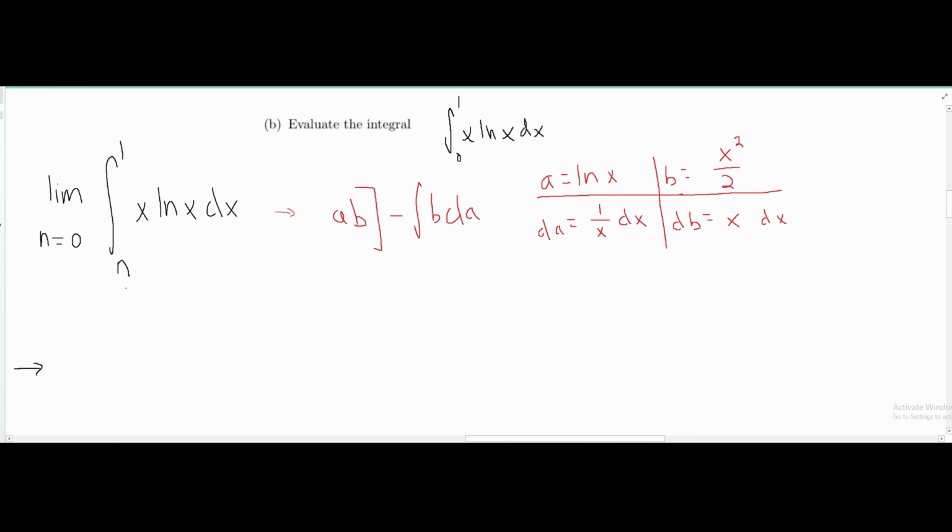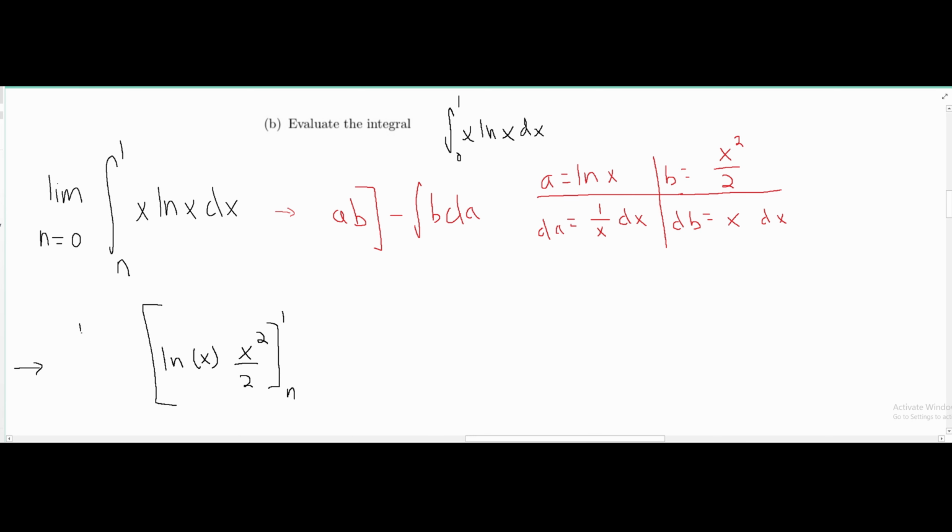So we're going to rewrite this. Again, remember that this part is going to be equal to this right here, because it is by parts. So now rewriting this, we have our a, which is ln of x, being multiplied by our b, which is x squared divided by 2. And then we have our bracket right here with a 1 and an n. This actually should all be surrounded by the limit.